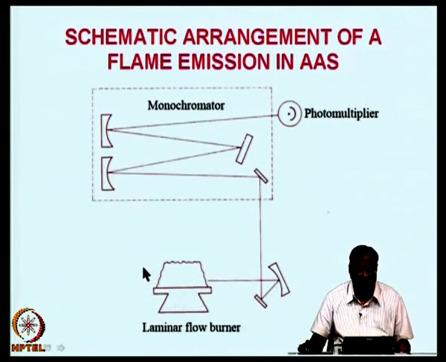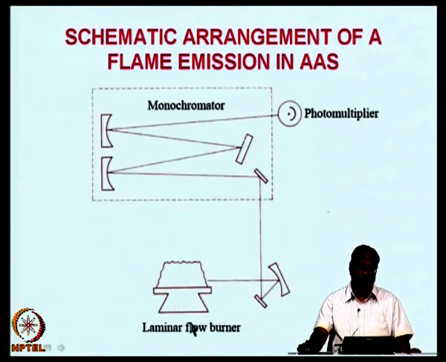So, this is the typical arrangement of flame emission in AAS, except that we are not using a hollow cathode lamp source anywhere in the picture. That means, you do not have to light up the hollow cathode lamp if you want to do sodium, lithium, potassium, cesium, etc. So, the existing optical system you can use straight away.